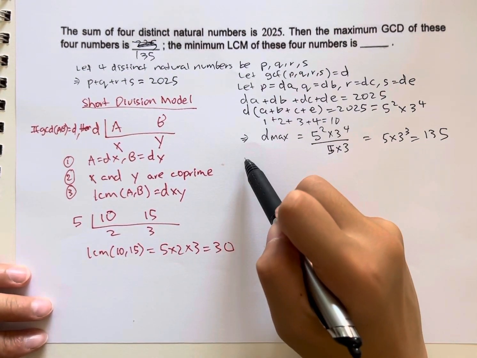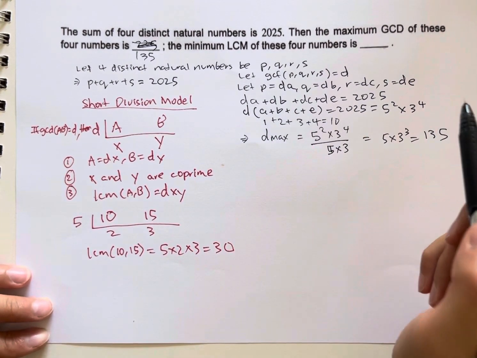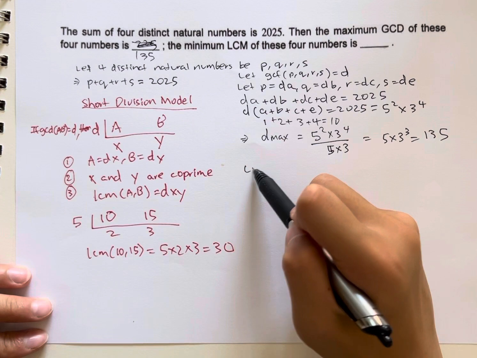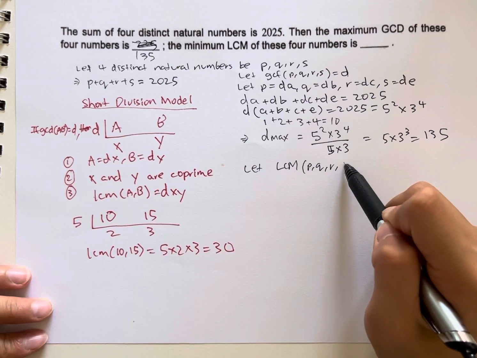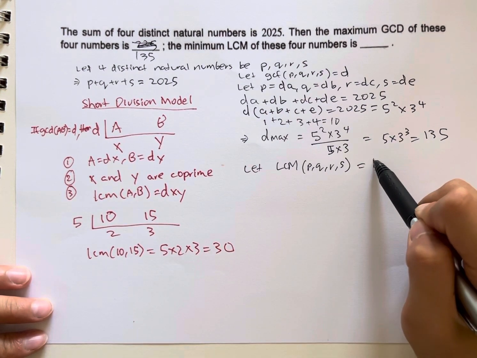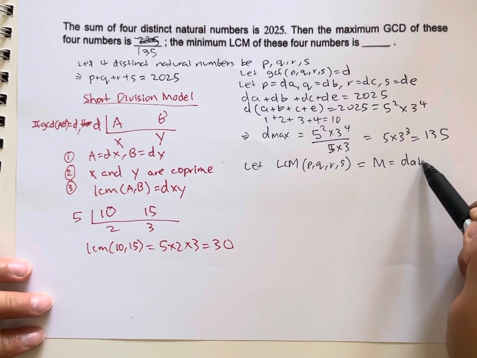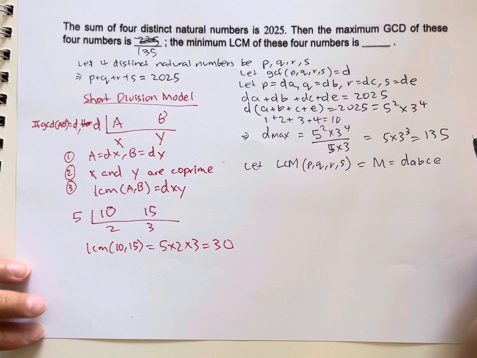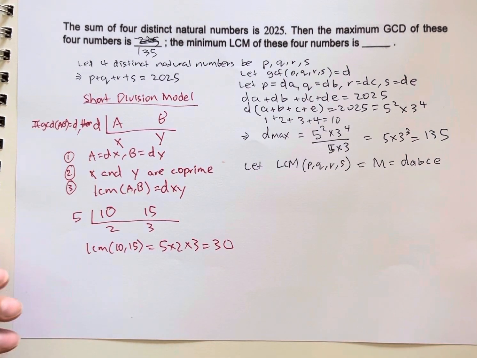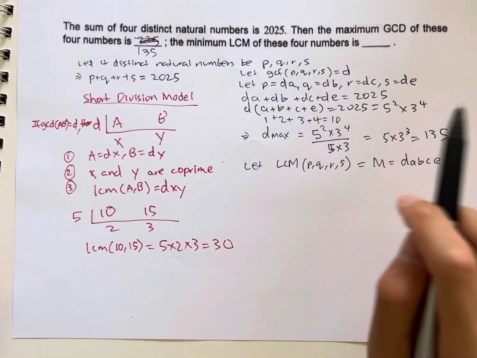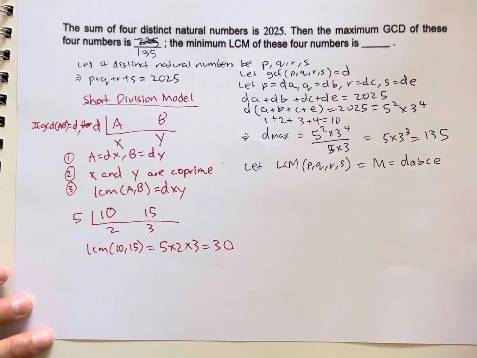Now, for LCM, from the short division model, this will equal D times A times B times C times E. So let LCM(P, Q, R, S) equal M, and M will equal DABCE. Okay. Then let's reuse the fact that the sum of the 4 natural numbers is 2025. This is the only thing that we need to solve for the LCM actually.